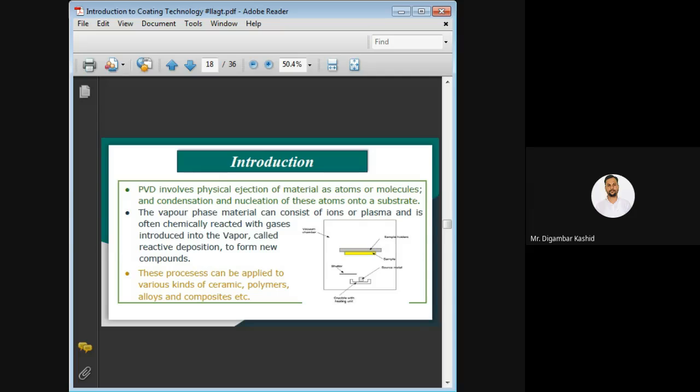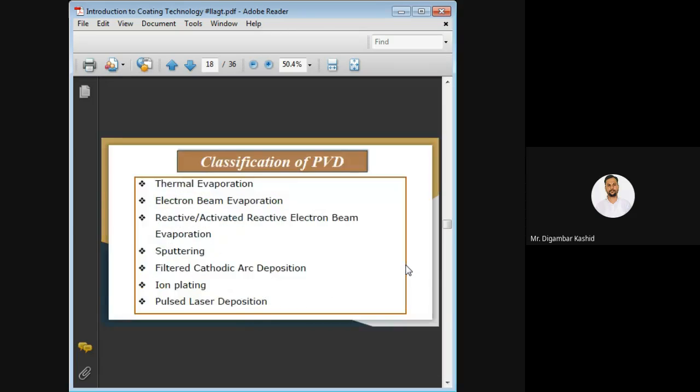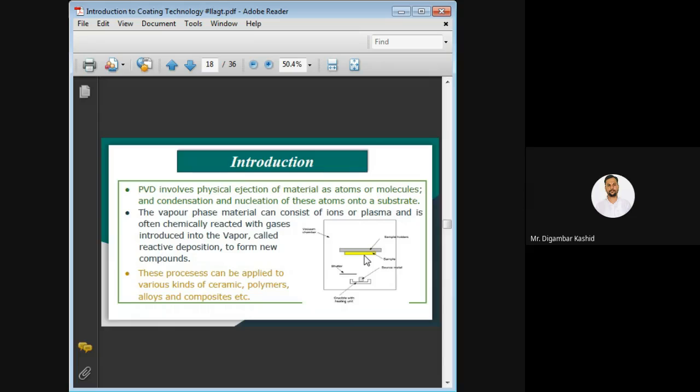So here is just a simple thing. You can see the yellow color. That is the substrate which we are going to modify, and this is the metal, or the metal ions, which we are going to put on top of our substrate.